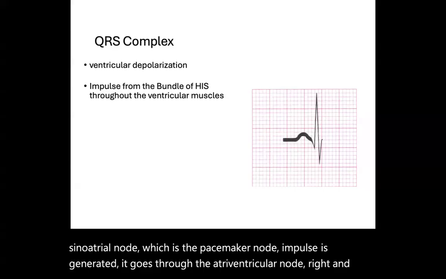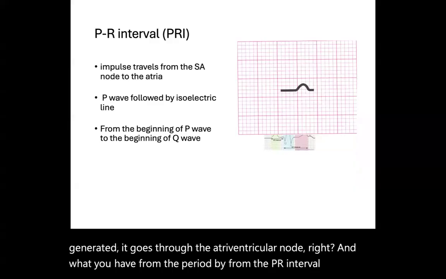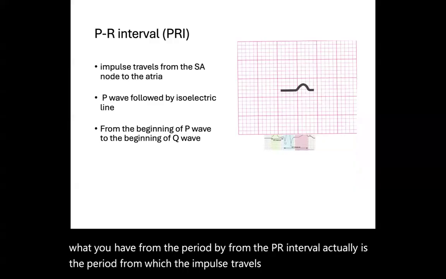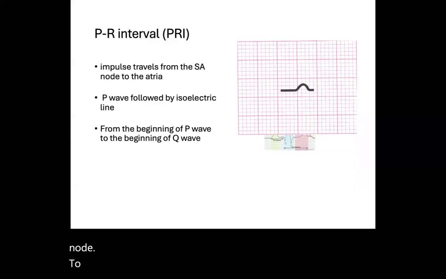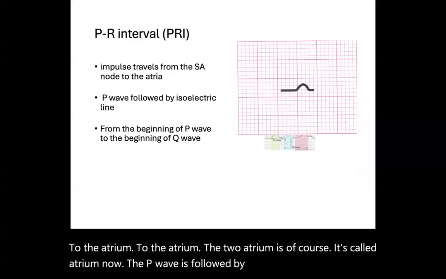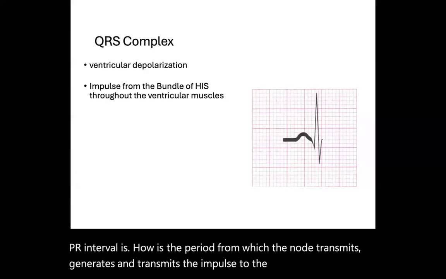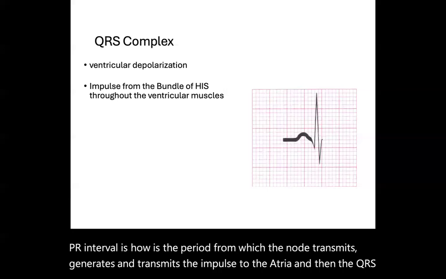And the PR interval is actually the period in which the impulse travels from the sinoatrial node to the atria. The two atrium, of course, is called atria. Now, the P wave is followed by the isoelectric line. So the PR interval is the period from which the node generates and transmits the impulse to the atria. And then the QRS complex represents ventricular depolarization.